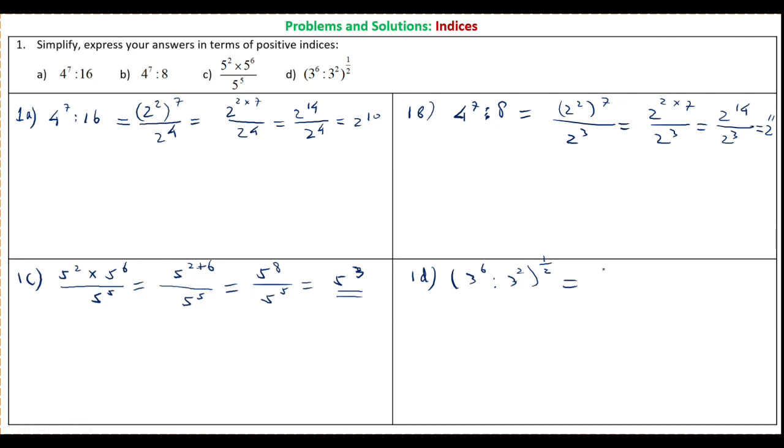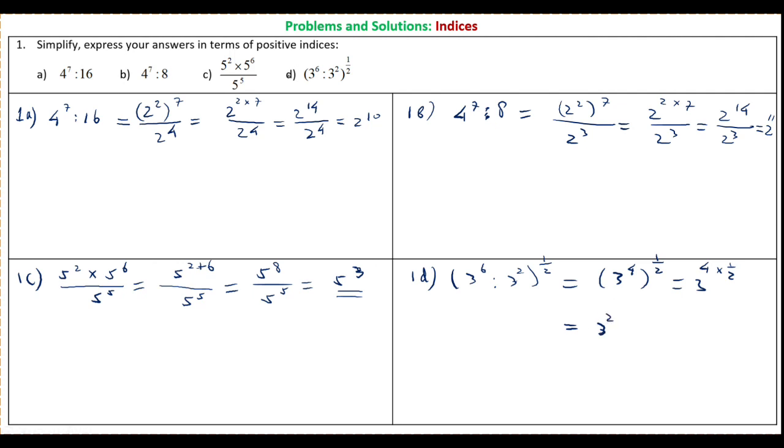So we get here 3 to the 4, 6 minus 2, to the power of 1 over 2. So it involves power of indices. We multiply the indices to get the result. 3 to the power of 4 times a half, and that equals 3 to the power of 2.